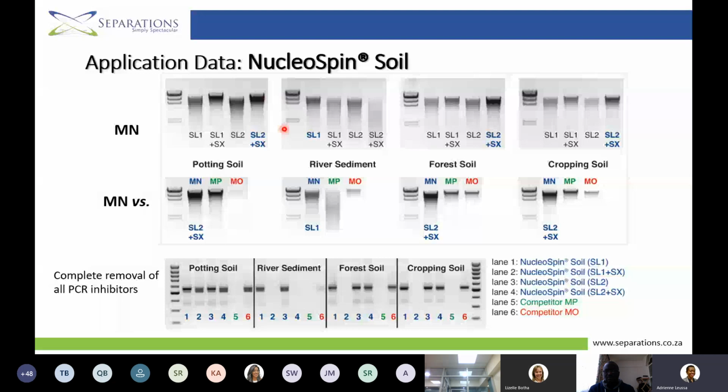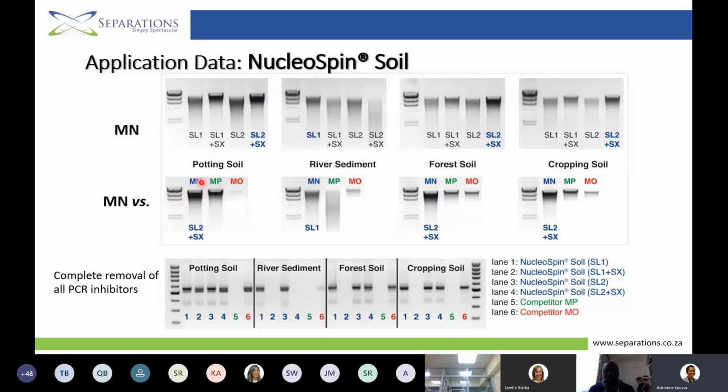Whereas for river sediment, it will just be using the first buffer alone. So you can then look at what will be the best lysis buffer system for your sample type.